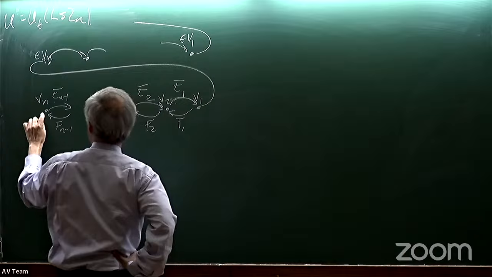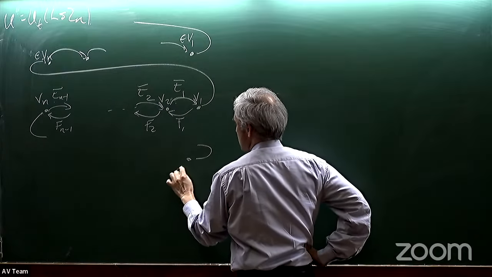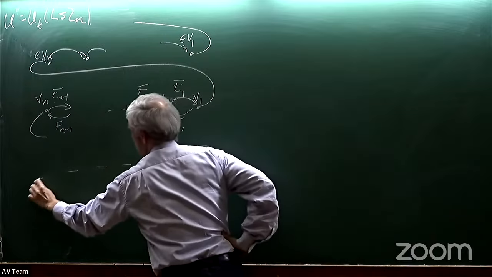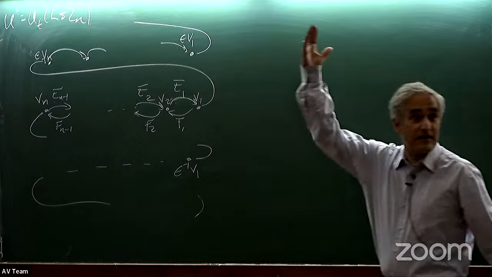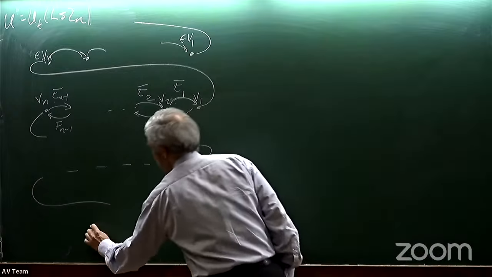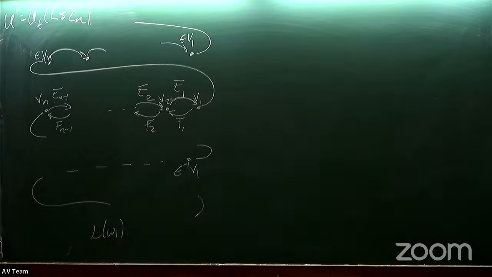So this was the first example of a module which had no highest weight and no lowest weight and so on. And we can call it L omega 1. It really is for type A, the extremal weight module of that type.